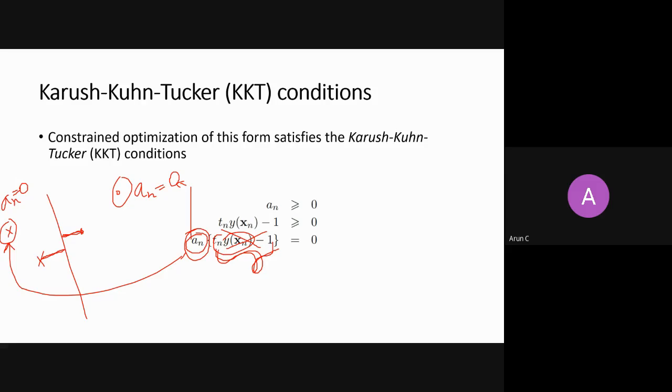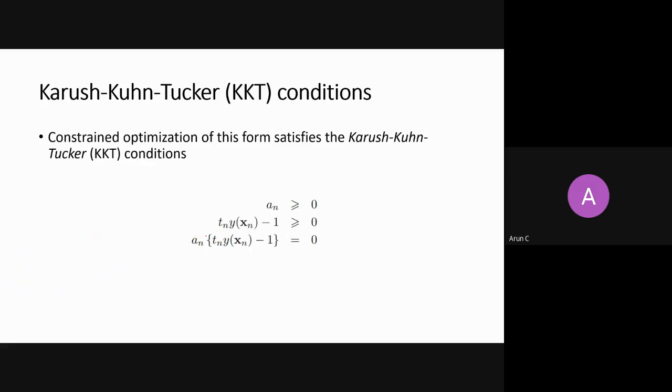So for these points, your an is not 0, which are actually participating. For these an which are actually participating, it is some positive value. This positive component is an important condition to build some intuition. So either this term is 0 or that term is 0.